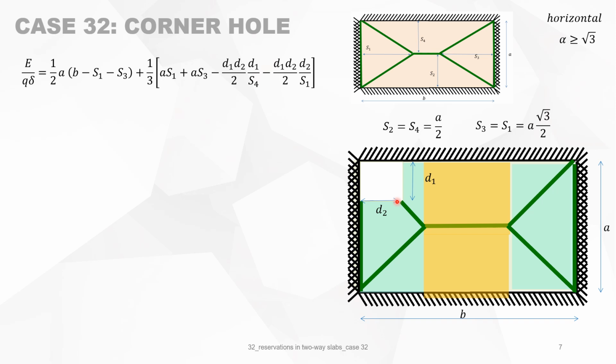And the maximum deflection is at that point, so this is delta times D2 divided by S1. And for the other part, rotating about this horizontal axis, it's D1 times D2 divided by 2 multiplied by delta times D1 divided by S4. And this whole has a mean deflection, because of the summation of triangles, of delta over 3.